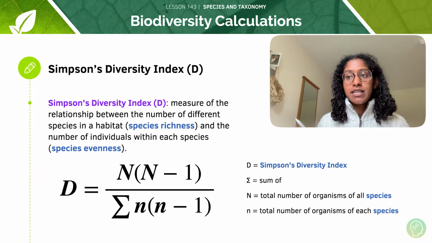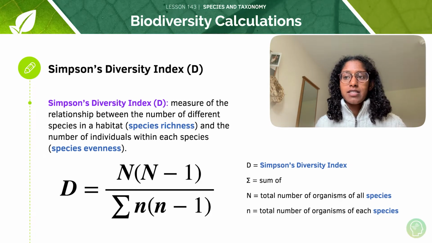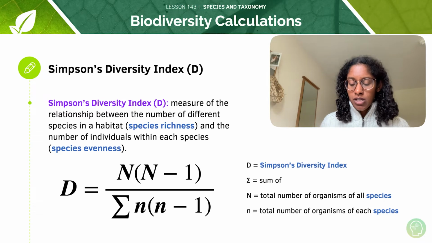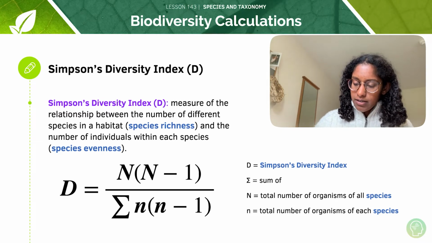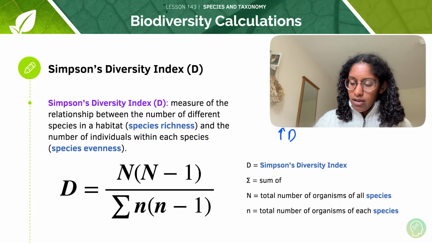That's just going to give us a number, which is a measure of how diverse the population is. So the higher D is, the higher the diversity index number is, the more diverse the area is.